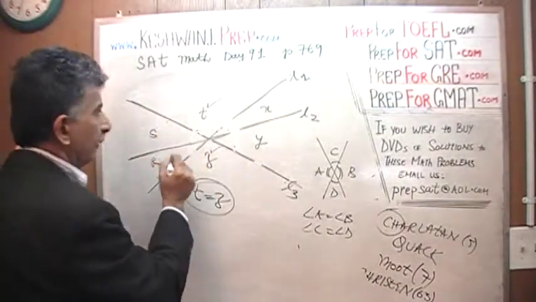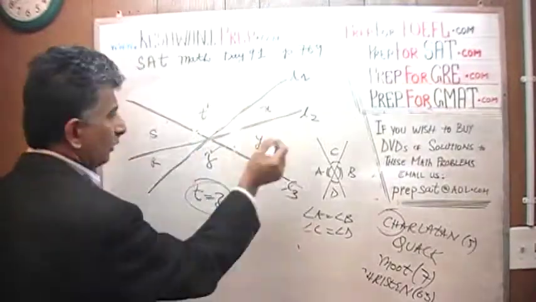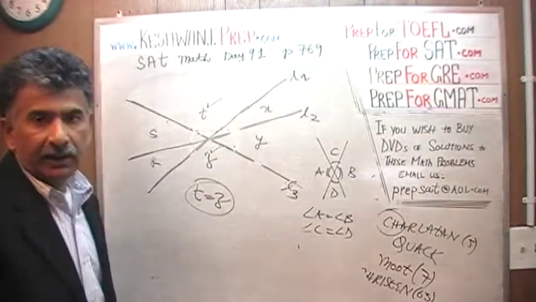There are 3 angles in a given line. Any line you take, whether L1, L2 or L3, is made up of 3 angles.